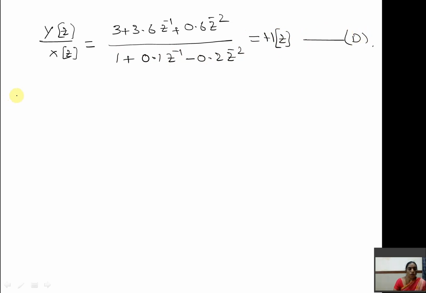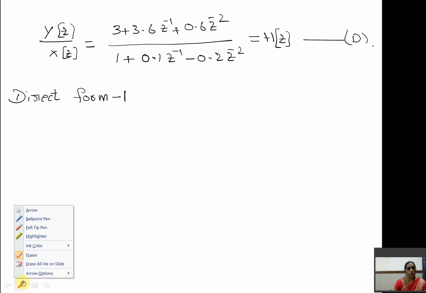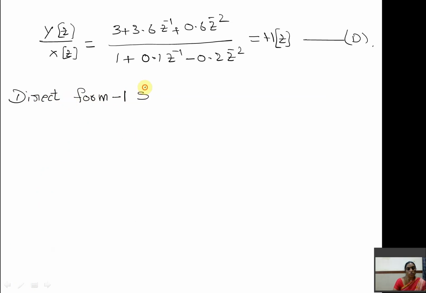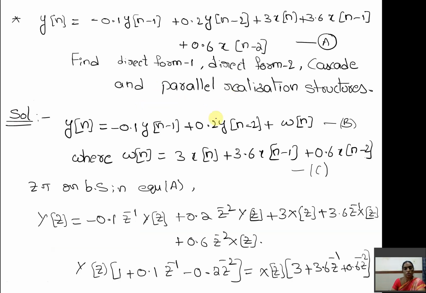Okay, now based on these equations we can realize the direct form 1, form 2, cascade and parallel structures. The first one is the direct form 1 structure. To draw this we need the B and C equations, so these two.